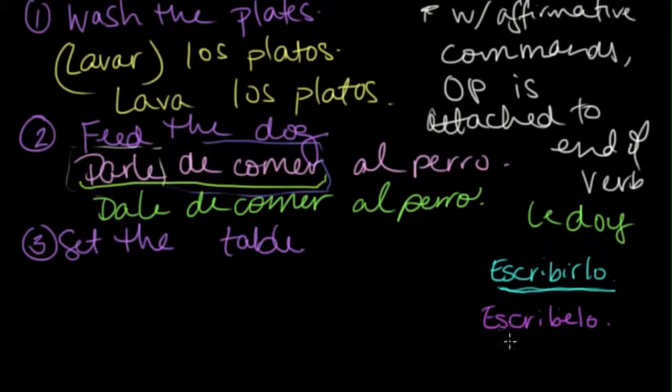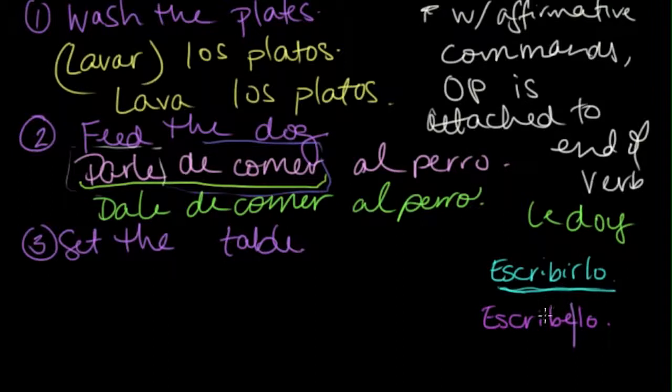Now, the way Spanish pronunciation works, and I won't go into all the rules right now, but this would be pronounced as escribelo, which is not how escribe should sound. If we cut off the lo, it should be pronounced escribe. And we don't want it to sound like escribelo because that's not the way that a conjugated form of escribir would sound.